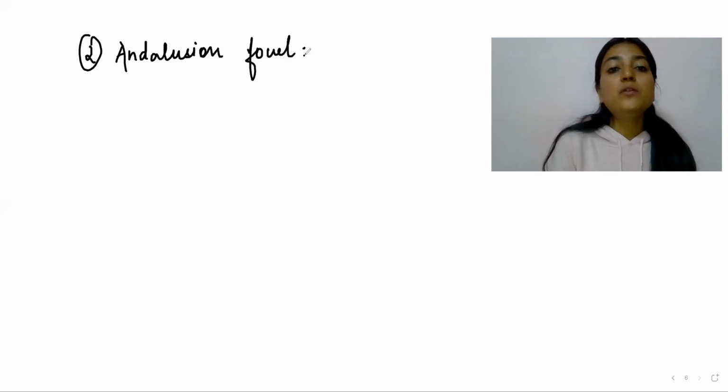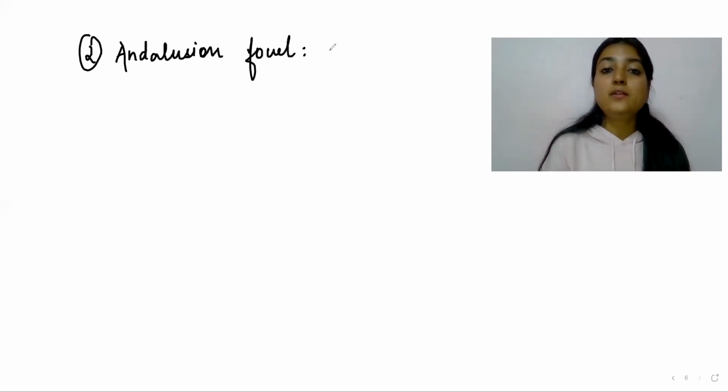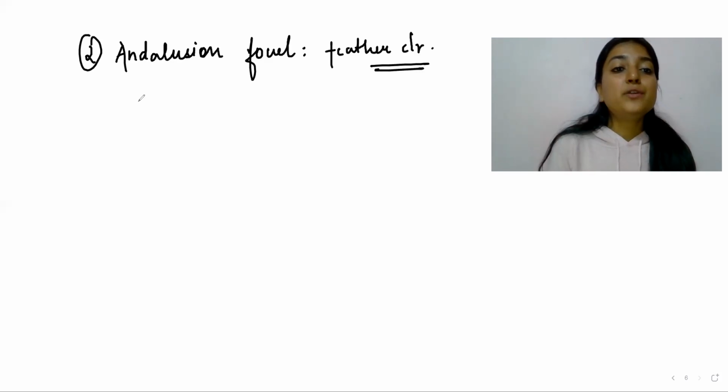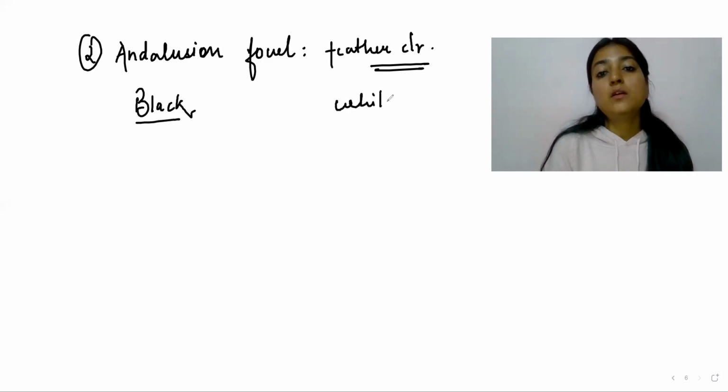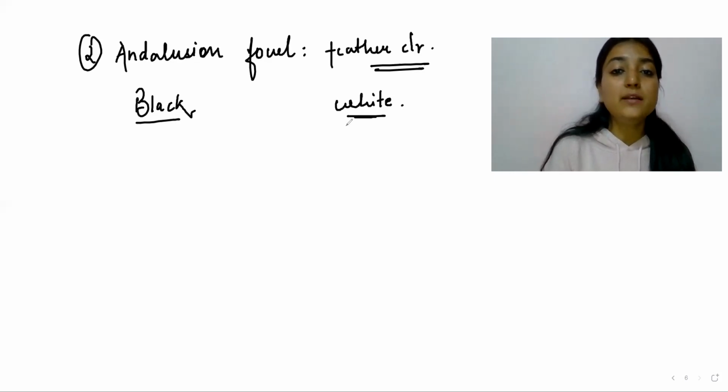Okay, so now for this fowl, the character we are taking here is feather color. Fine. So now it produces two types of feather colors, black and white. It is not totally white, it is somewhat grayish white in color, but we will write here white.